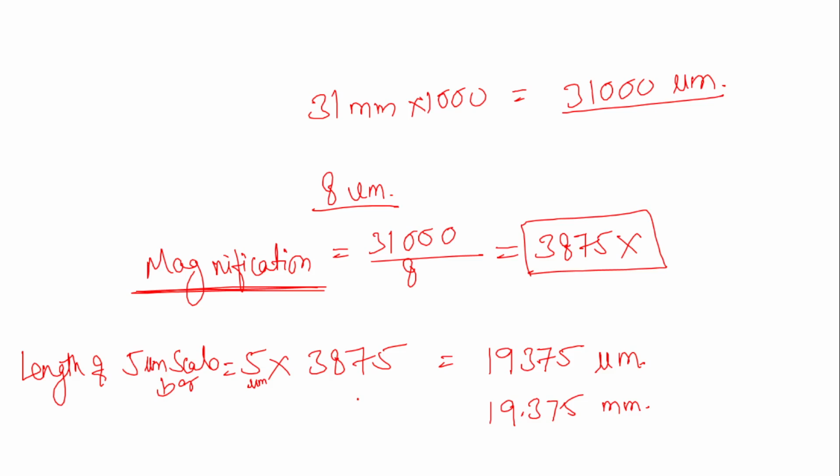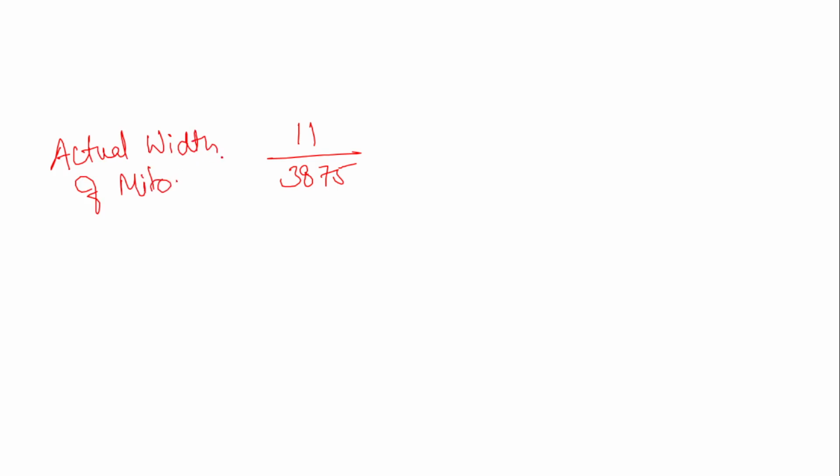So we already have the magnification, all right, and the size of the image. So 11 millimeters is the width and the magnification is 3875. So here the actual width of the mitochondrion we can find out.